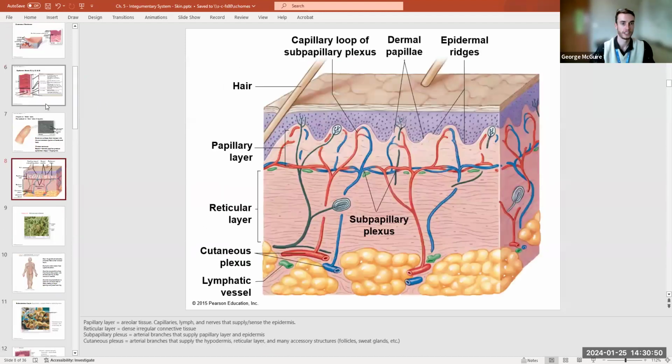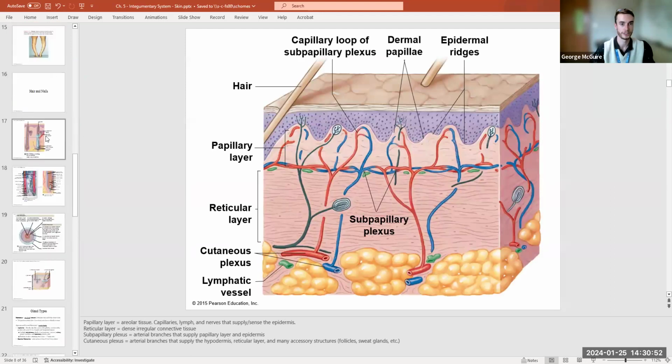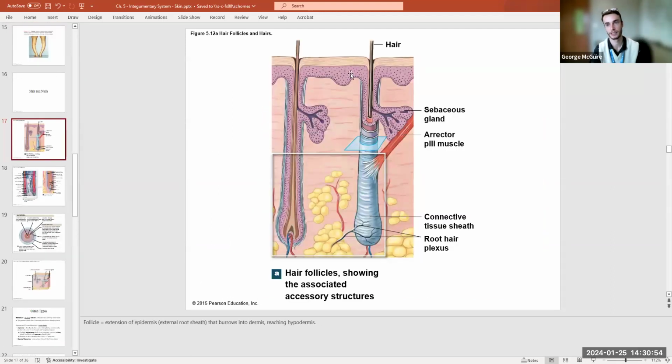And so where was that image? Or I have another one. Let's go down here. So your hair stems from the hair follicle, and the follicle is literally an extension of the epidermis down into the dermis, all the way to the subcutaneous layer in some cases. Like with how microvilli are using actin filaments to push the plasma membrane to extend outwards, this is basically the opposite.